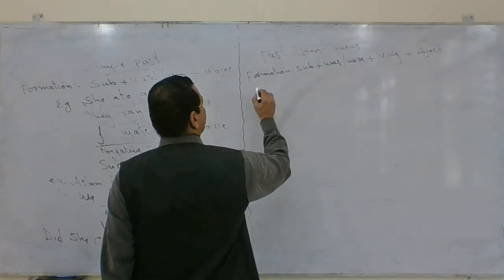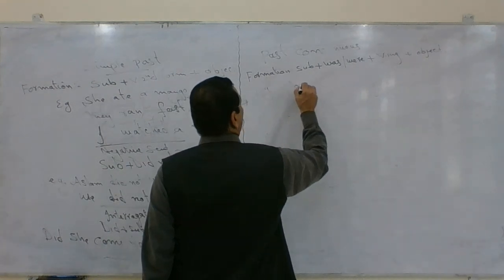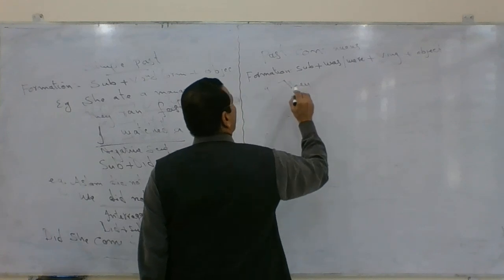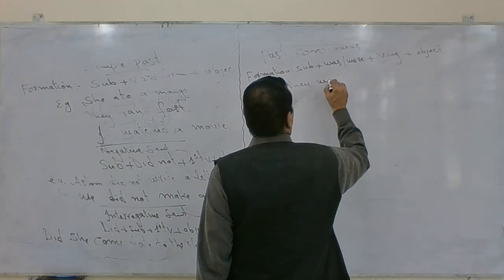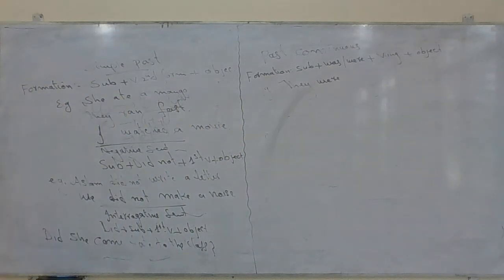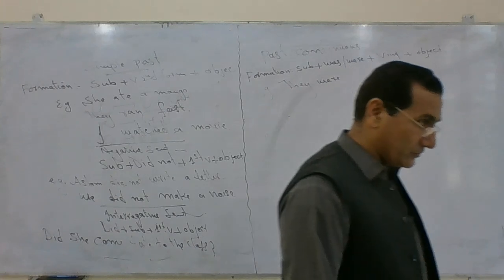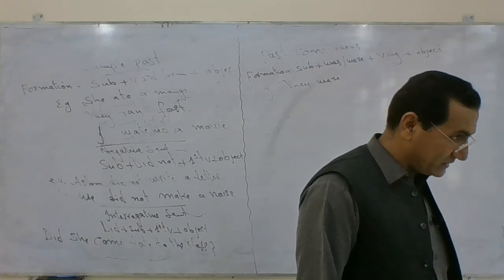For example, they were. And also keep it in mind, for plural subjects you have to use were, and for singular subjects you have to use was.